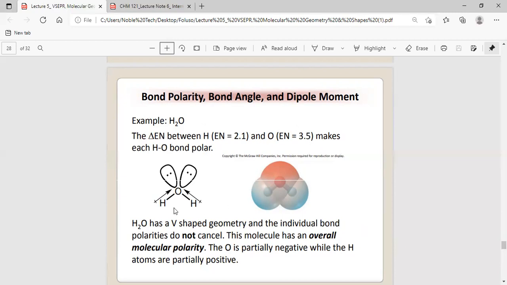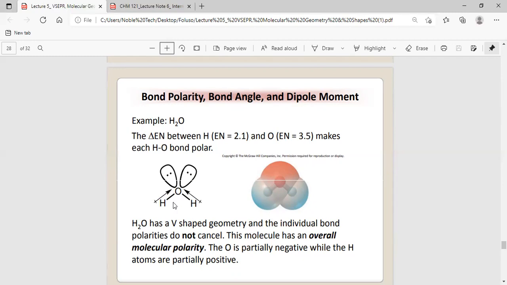So the bonds are polarized towards oxygen, towards oxygen, and they are polarizing in the same direction, not in different directions. So the dipole moment of this will be a positive value. It is not equal to 0.